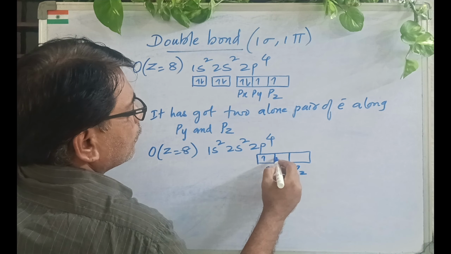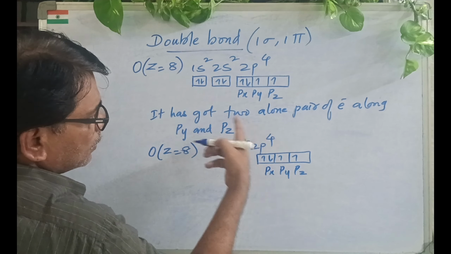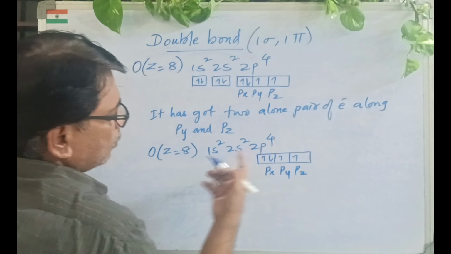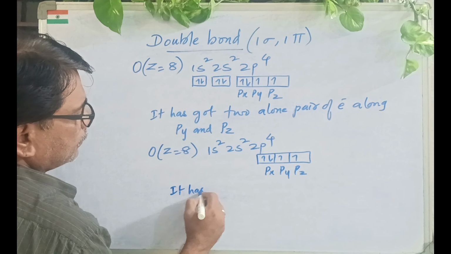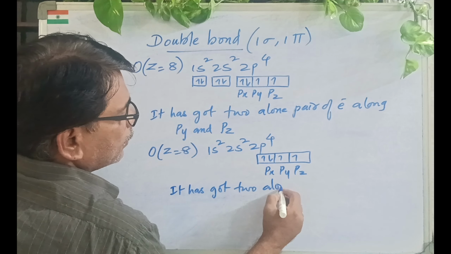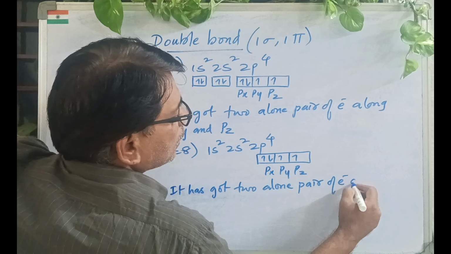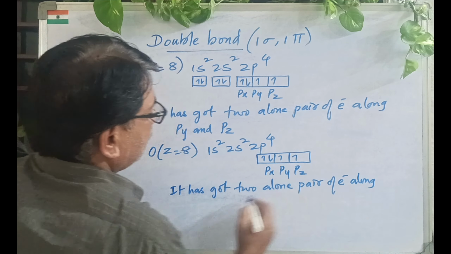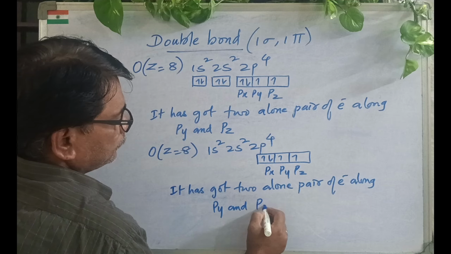You have to fill this for 1, 2, 3 and 4. Same line, because you took the same example, isn't it? It has got two lone pairs of electrons, along. Where do you find them? One is py and the other one is pz.